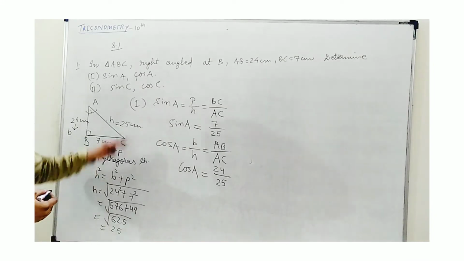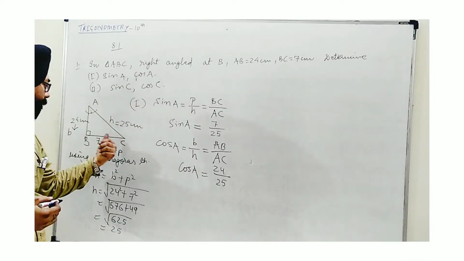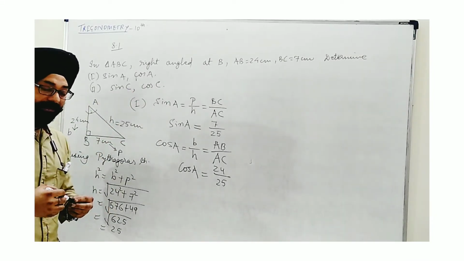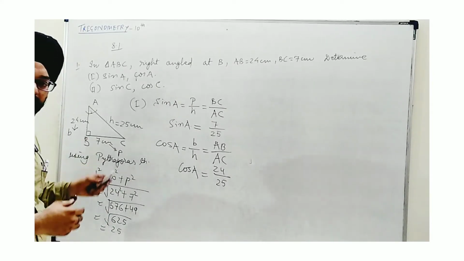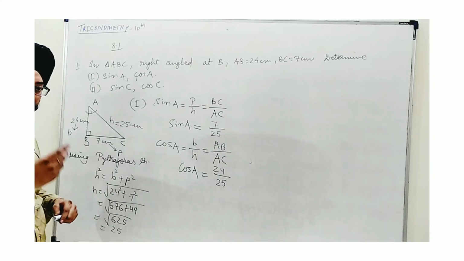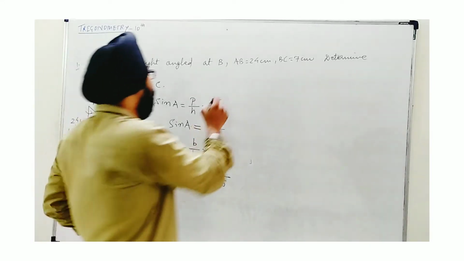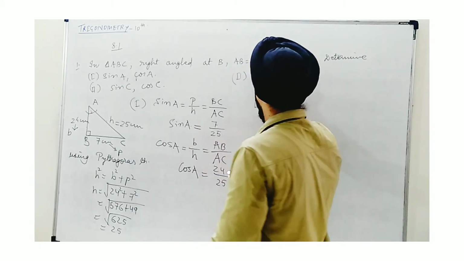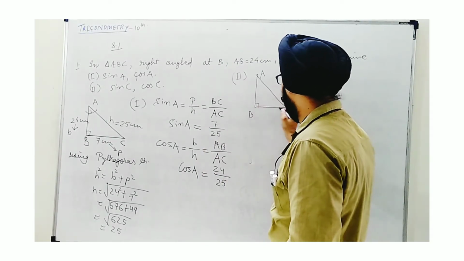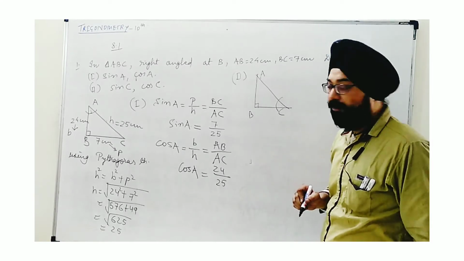Now in the second, the angle's name is changed to C. As I recently told you in the explanation, theta we use as a symbol. Here we can also use the vertex to give the name, like A and C are being used here. So in the second case, we will focus on C in triangle ABC. As I am now taking C, the theory will change.